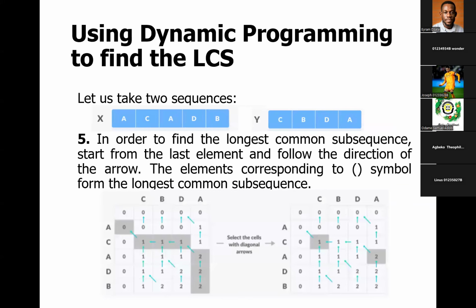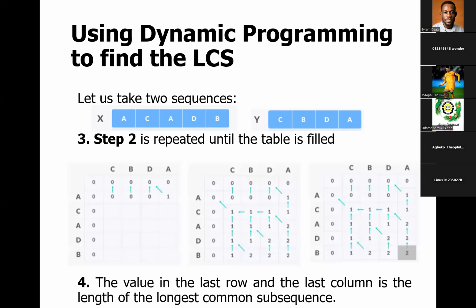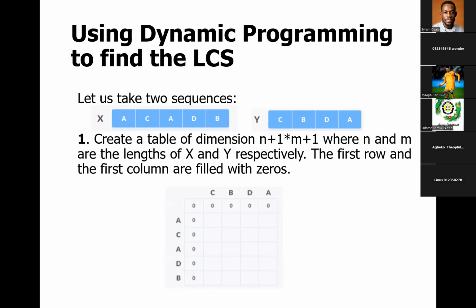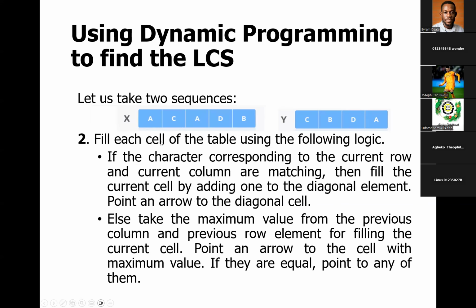Now it says, fill each cell of the table using the following logic. If the character corresponding to the current row and the current column are matching, there's some logic here which you need to understand in order to be able to fill the table.